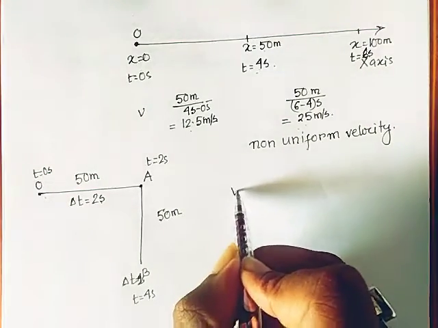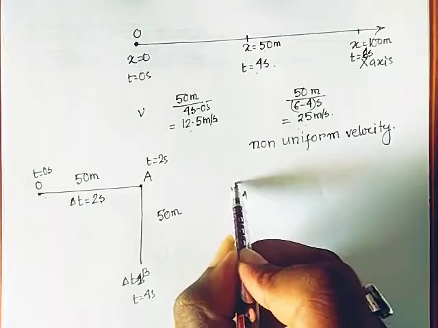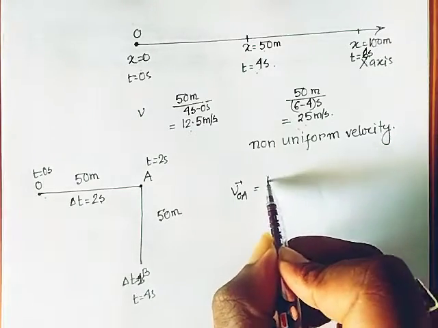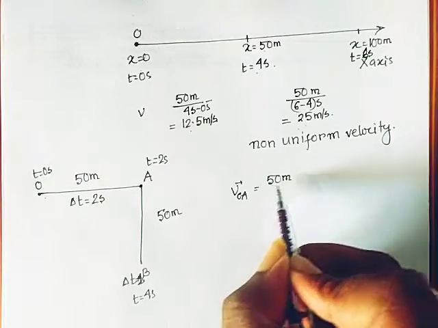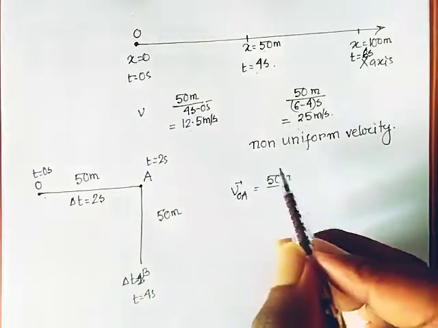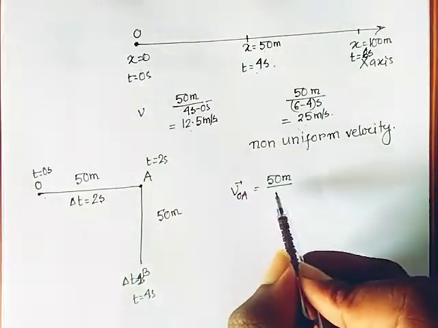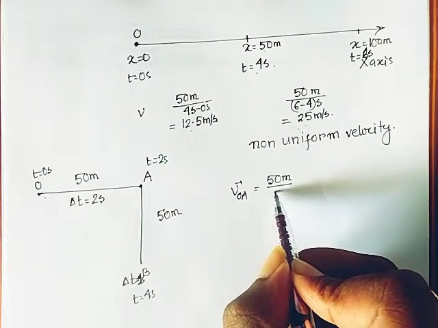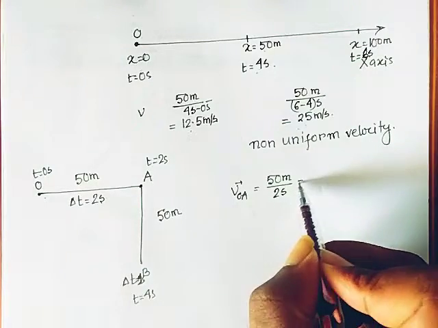So the velocity in the section OA, VOA, equal to 50 meter, that is the distance between O and A, the path length, divided by the time interval del t, that is 2 seconds.